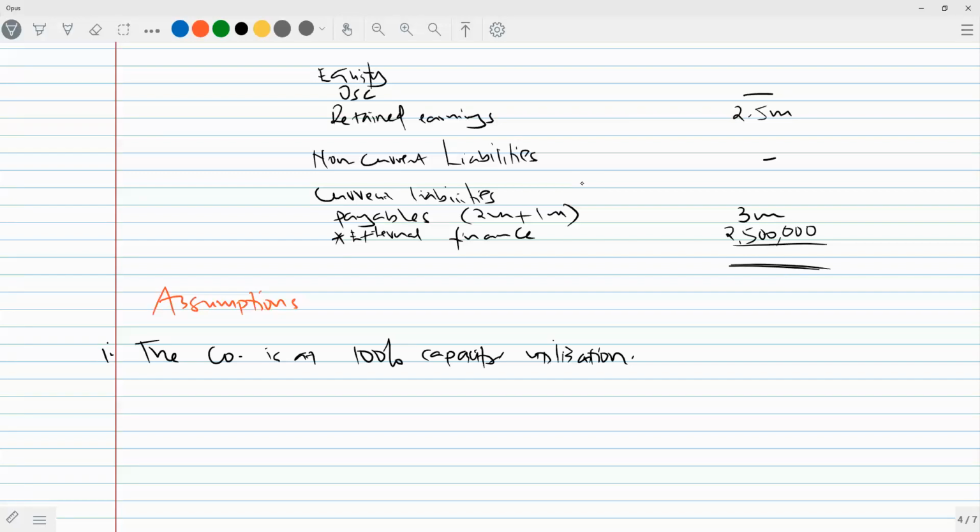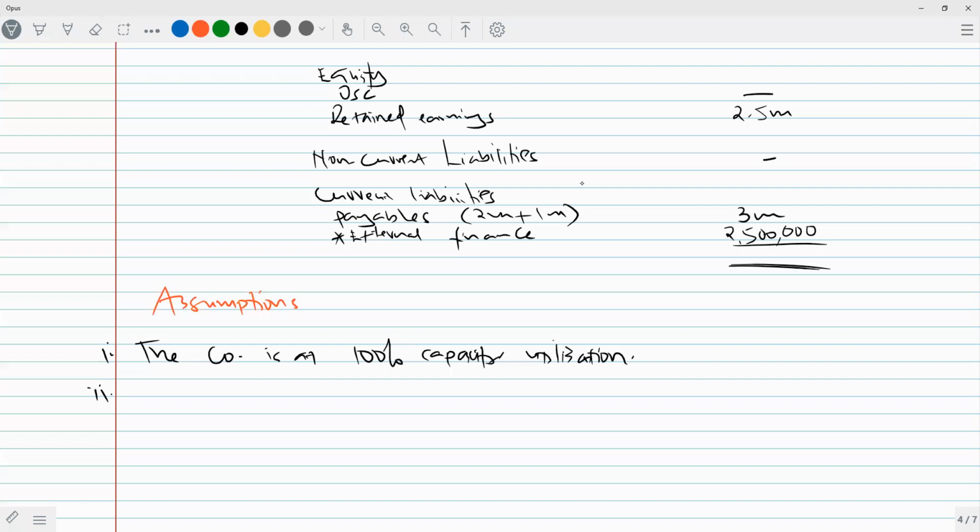What that means is that if the company wants to expand, to manufacture more units and increase its sales level, it must be willing to increase the amount of assets, because the assets it has are already fully utilized. In short, there's 100% capacity utilization.